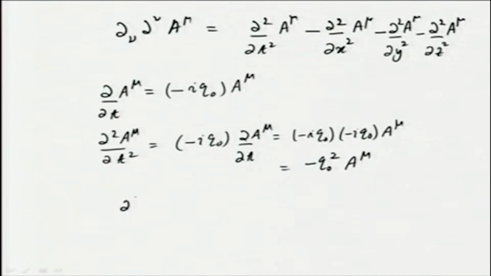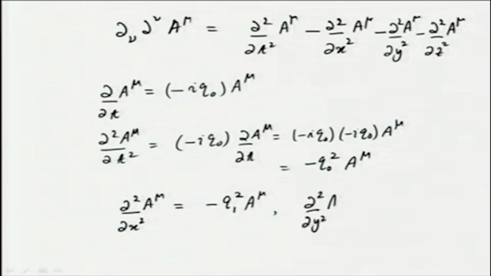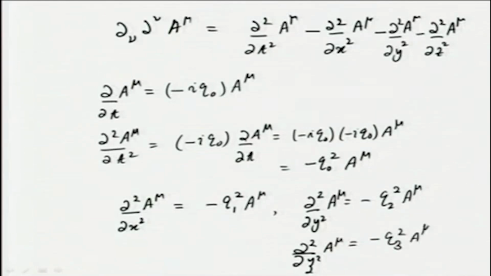And dou square by dou x square A mu will give you minus q 1 square A mu, and dou square by dou y square A mu is minus q 2 square A mu, and dou square over dou z square A mu is equal to minus q 3 square A mu.